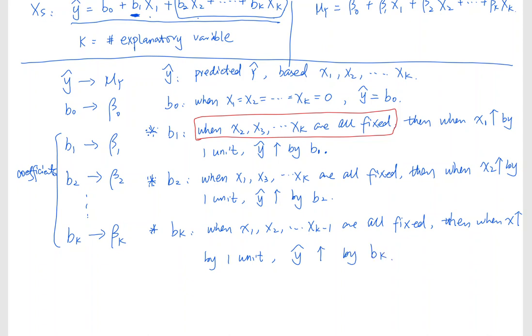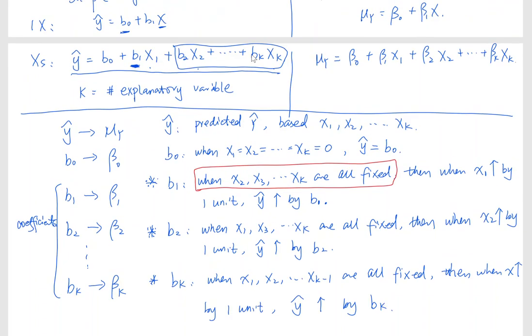The idea is the same. The only difference is when you interpret the coefficient before each variable, you need to specify others first. You need to fix the value of other variables first so that you can interpret this. Alright, okay.